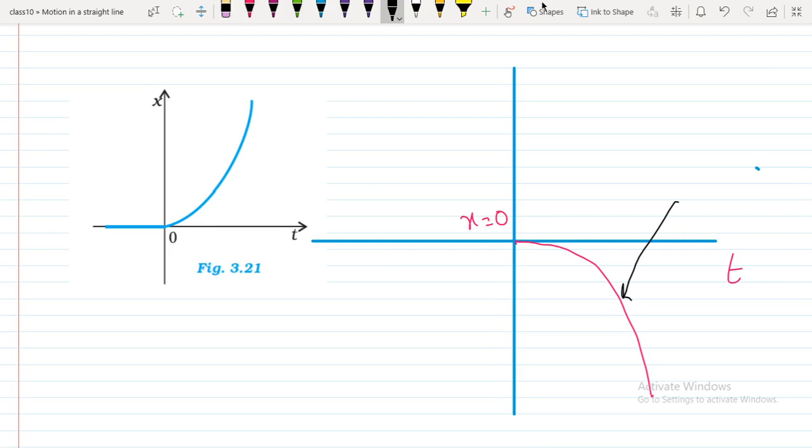So just by turning the given graph, it changes like this, and it represents the motion of a particle falling freely.